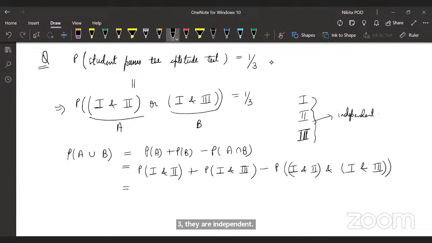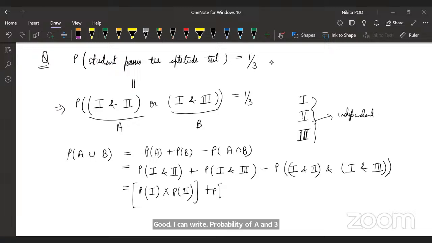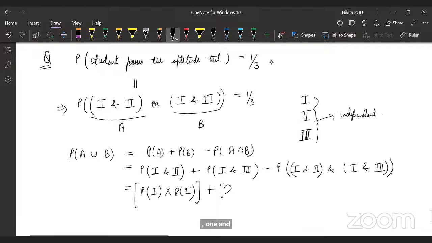If they are independent, I can write probability of 1 intersection 2 as probability of 1 times probability of 2, and probability of 1 and 3 as probability of 1 times probability of 3.